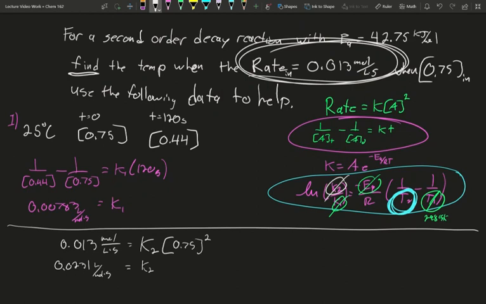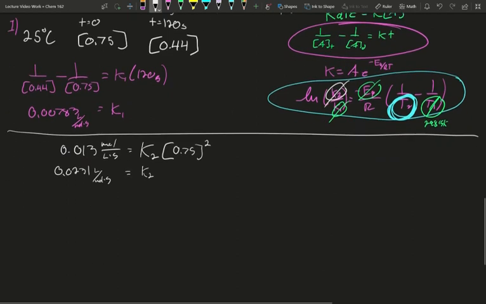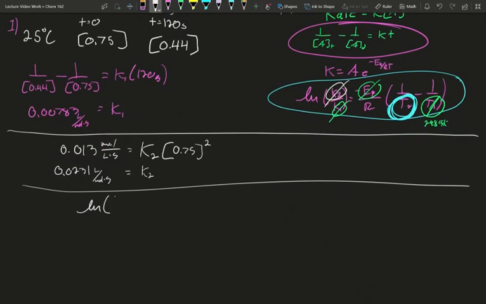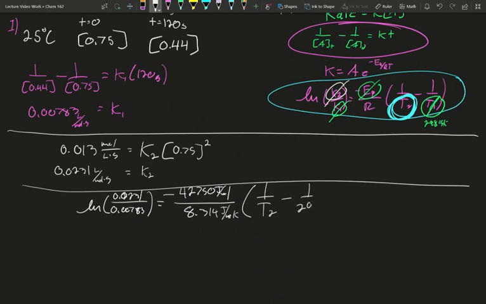We can plug these in to solve for T2. Natural log of 0.0231 divided by 0.00783 must equal negative 42,750 joules per mole, which was our activation energy in the problem, divided by 8.314 joules per mole Kelvin, times 1 over temp 2 minus 1 over 298.15 Kelvin.